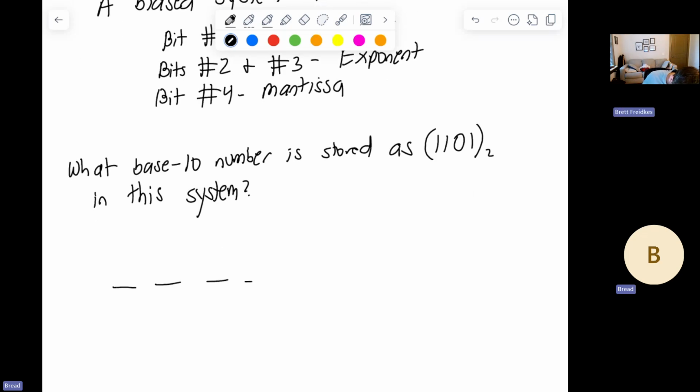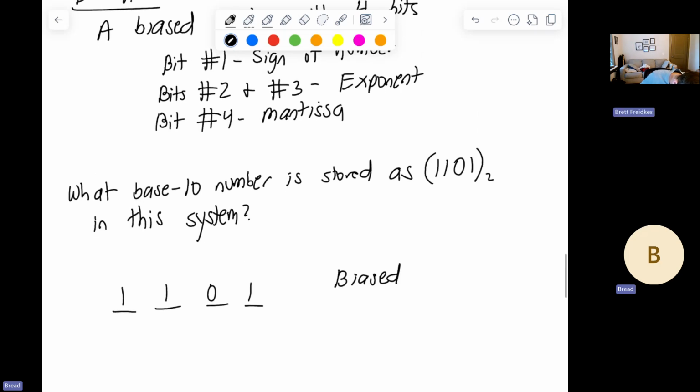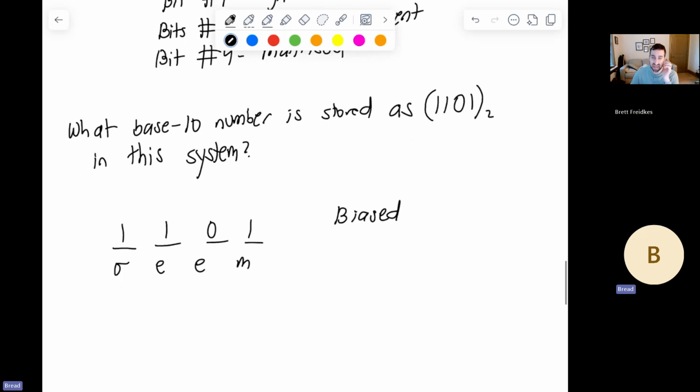So our bias system is the sign of the number, the exponent, and the mantissa. And when we want to look at what base 10 number is being stored, we don't calculate this number as is, like -1 point the mantissa, 1 times 2 to the 1, 0, and then say, we got it.